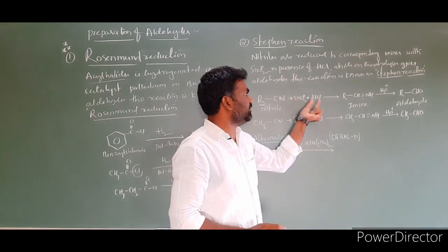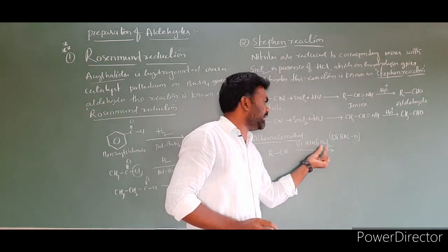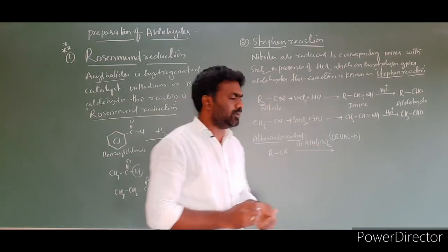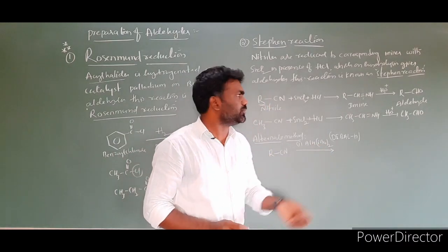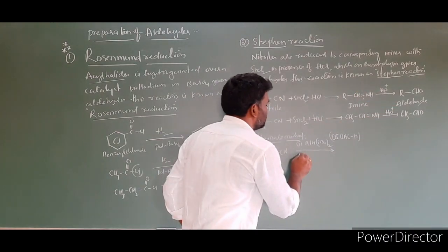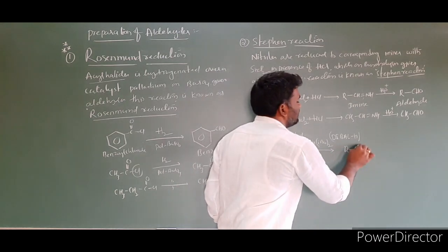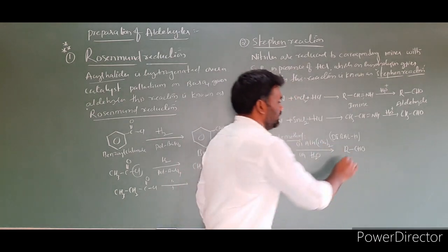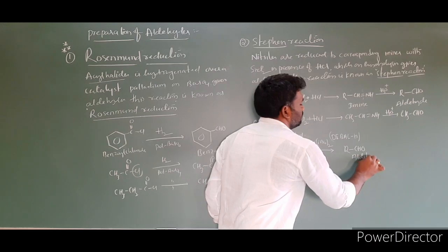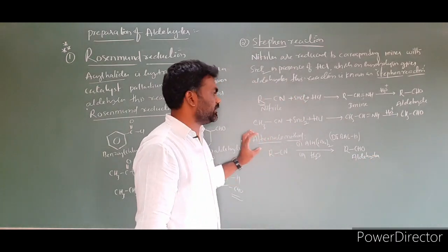Instead of taking SnCl2 and HCl as in the Stephen reaction, we are taking diisobutyl aluminum hydride. So nitriles are reduced, and further upon hydrolysis, the second step, the product is RCHO. The product is aldehydes. This is the alternate method, not a Stephen reaction.